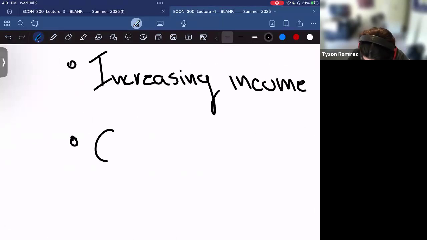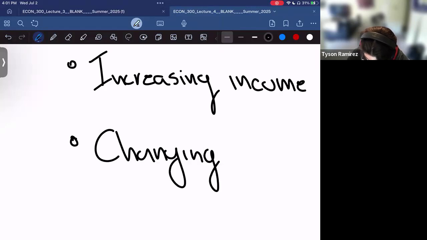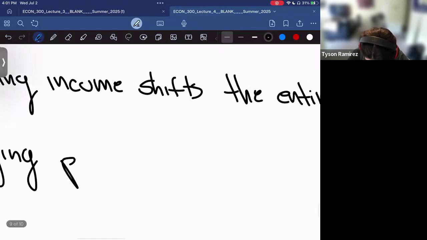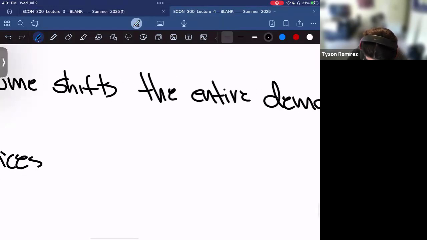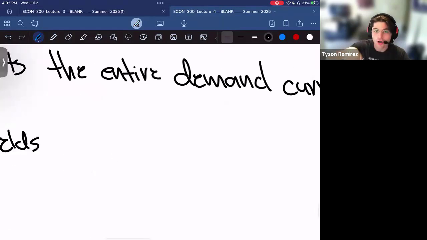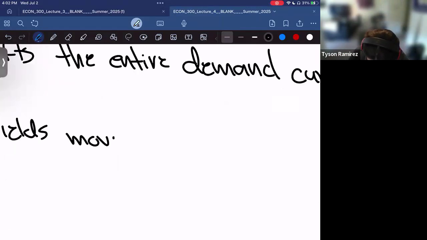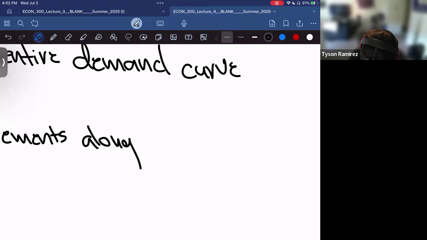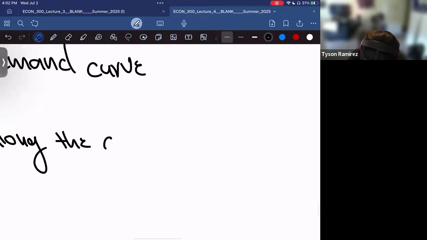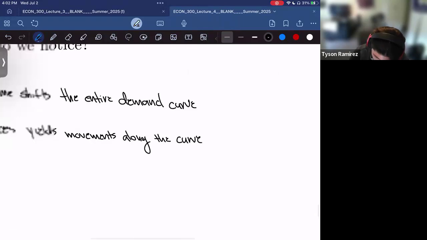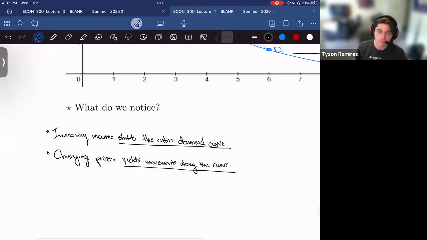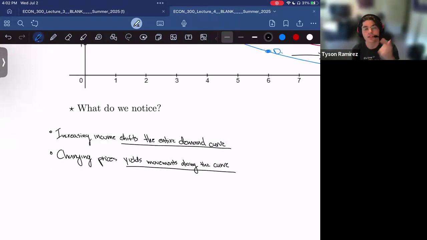Meanwhile, changing prices yields movements along the curve, but the curve is fixed in place. So the income change shifted the entire curve, while price changes moved us along the curve.